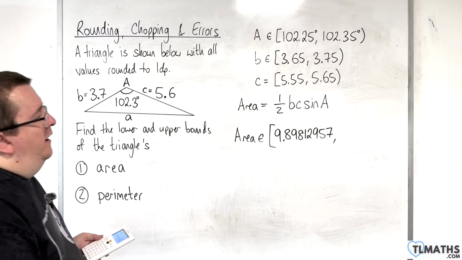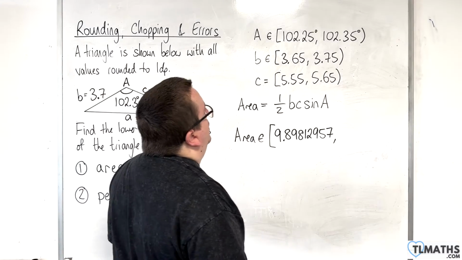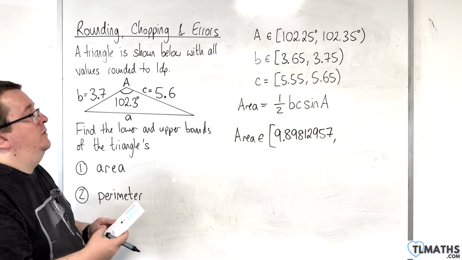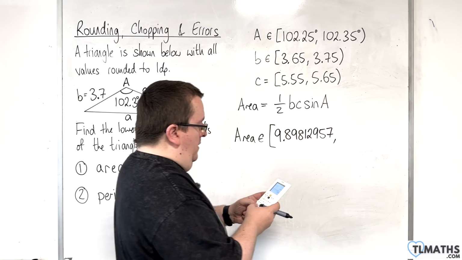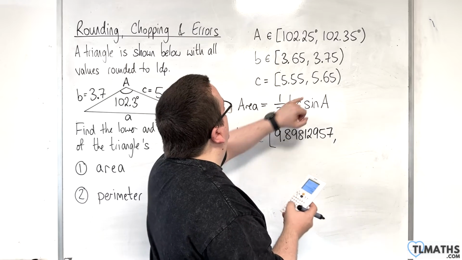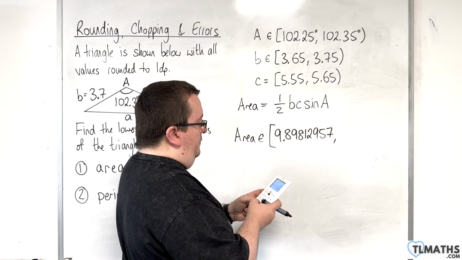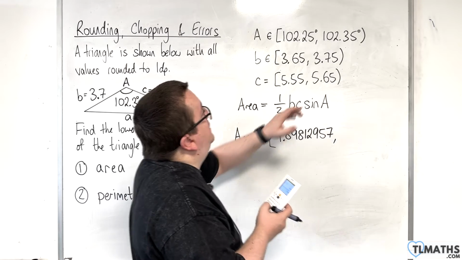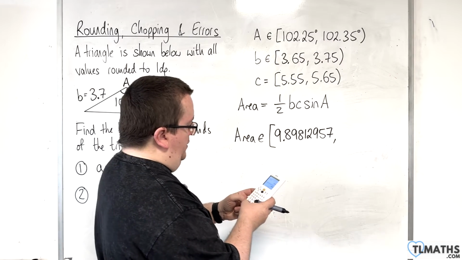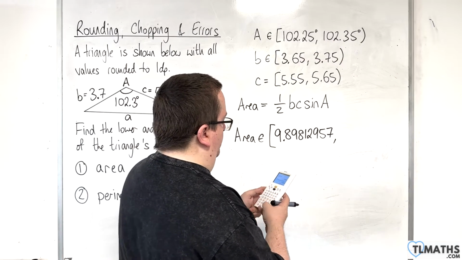The upper bound, the largest the area could be, would be coming from using the longest sides and the largest angle. So that would be half times 3.75 times 5.65 times by sine of the largest angle, so sine of 102.35.